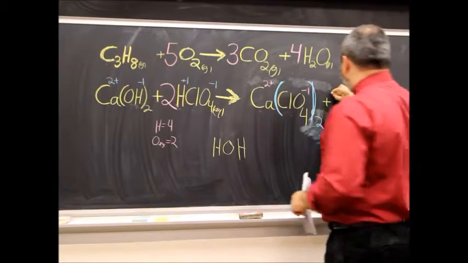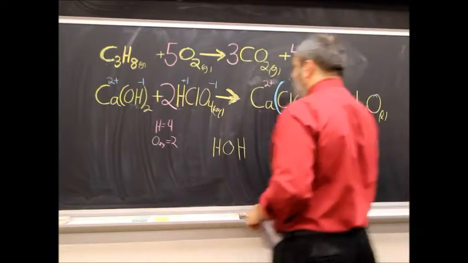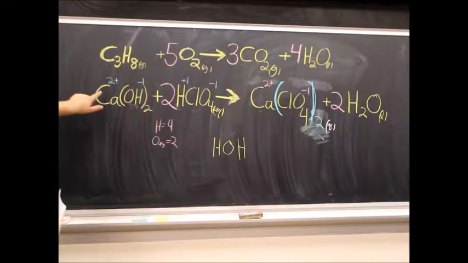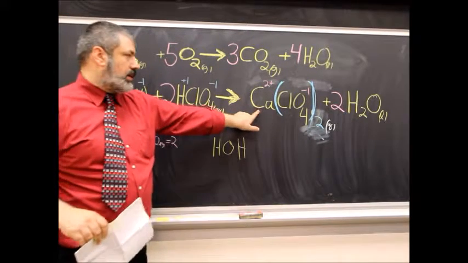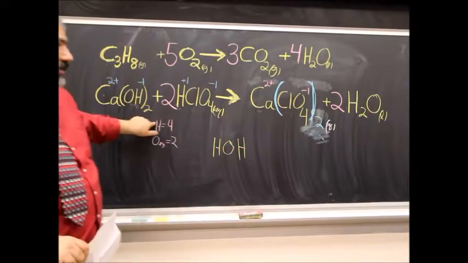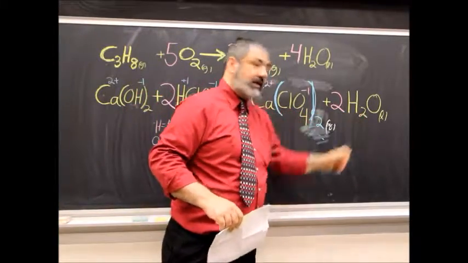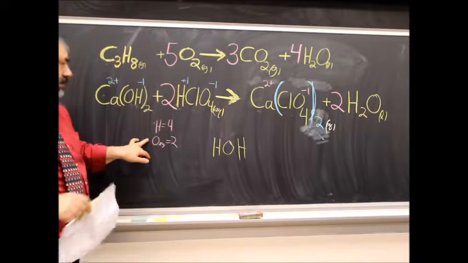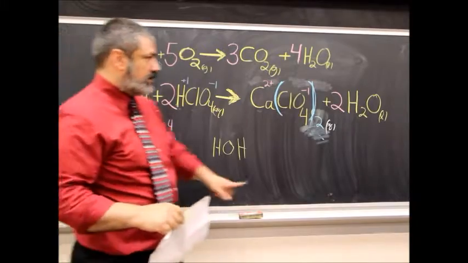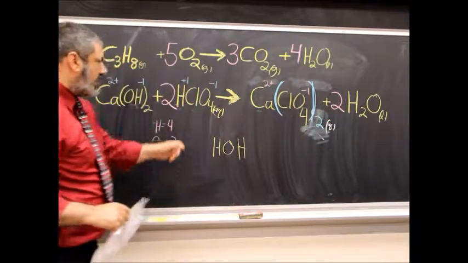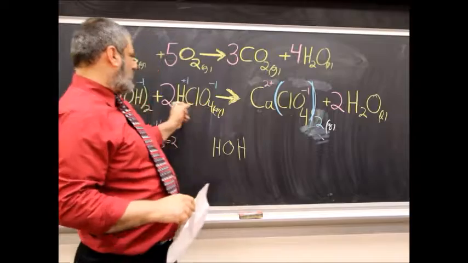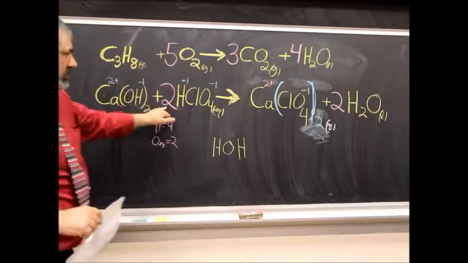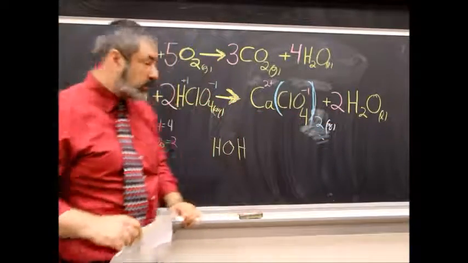So, putting a 2 there, now we're balanced. 1 calcium, 1 calcium. 4 hydrogens, right? 2 times 2. 2 oxygens, and again, I'm not counting the perchlorate in that count. 2 oxygens, 2 oxygens. And then we have the perchlorate. We've got 2 of them here, and we have 2 of them there. Okay? So 1 to 2 to 1 to 2 molar ratio.